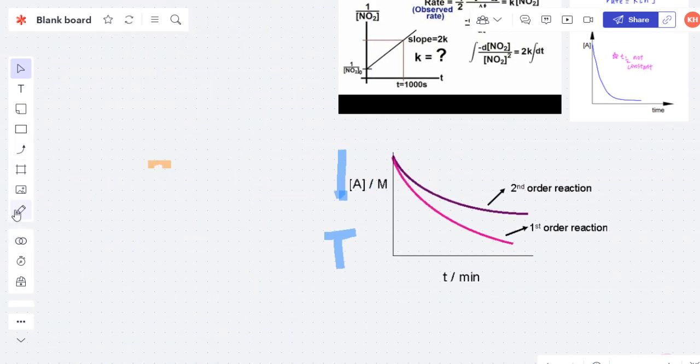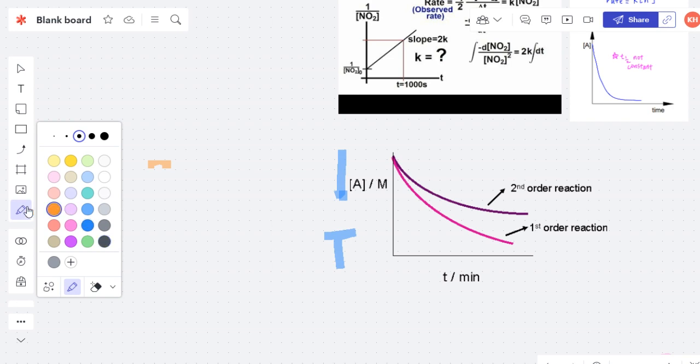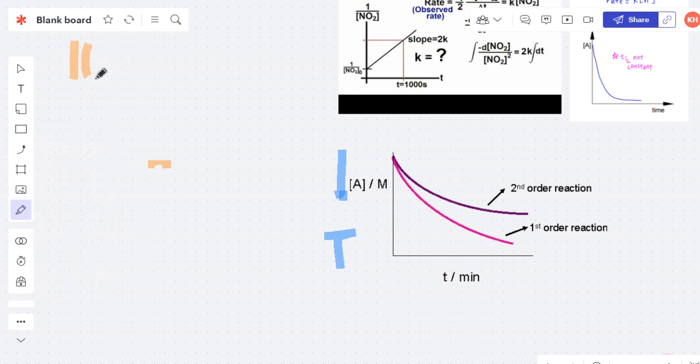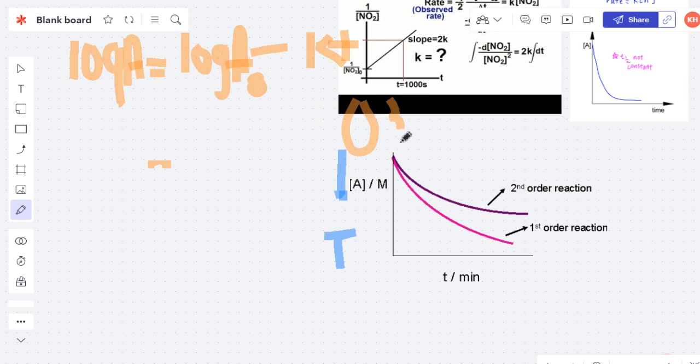So we know the equation I have just derived is log a equals log a naught minus kt divided by 2.303. We need to simplify it a little bit more.